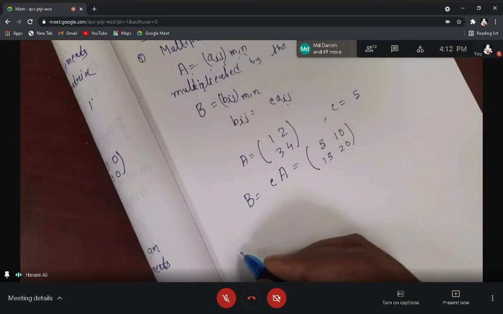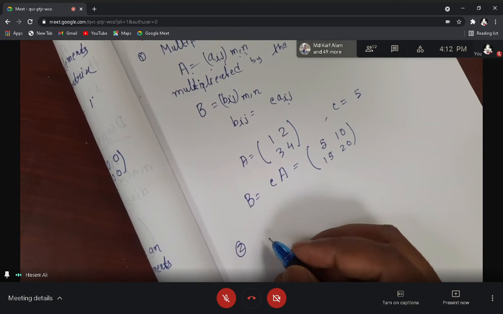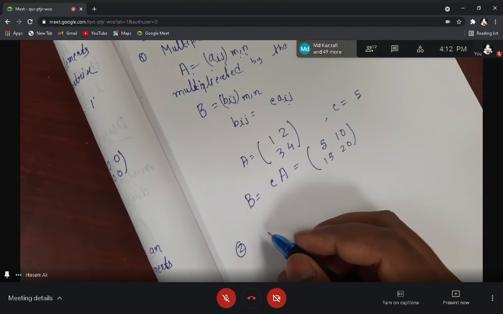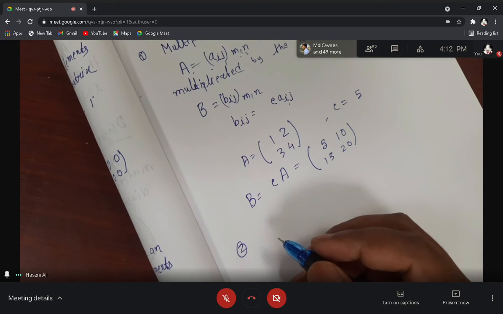Now addition. First, the condition, the two matrices have the same order. If two matrices have the same order, then we can add the matrices.